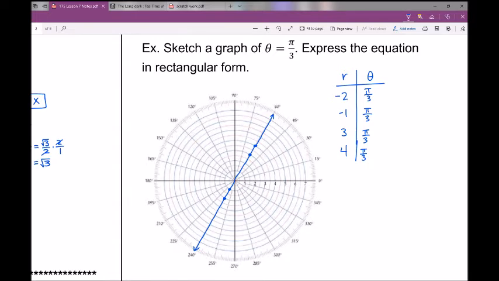So if you remember from algebra, any straight line can be written in the form y equals mx plus b, where m is the slope and b is the y-intercept. Now in the case of our equation here, our line goes through the origin, so b is going to be 0. So what we're concerned about is finding that m, or that slope. So if you think about your trig functions, the one function that comes to mind when you think about slope is tangent.